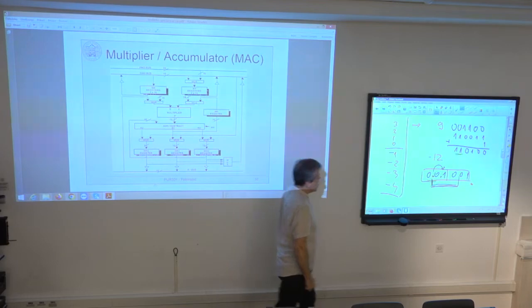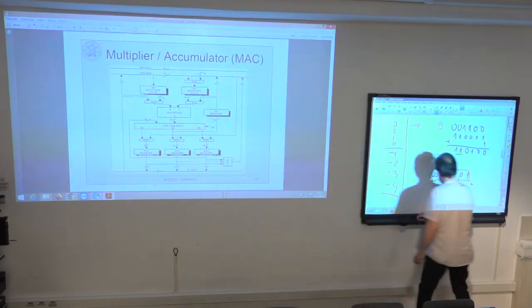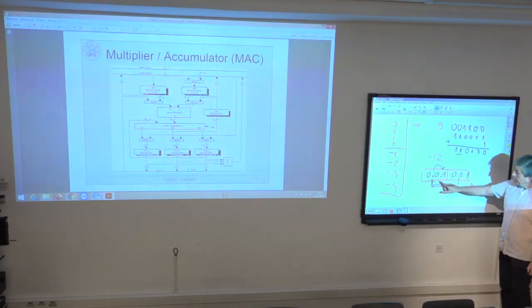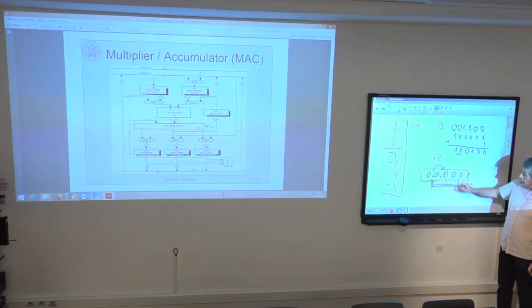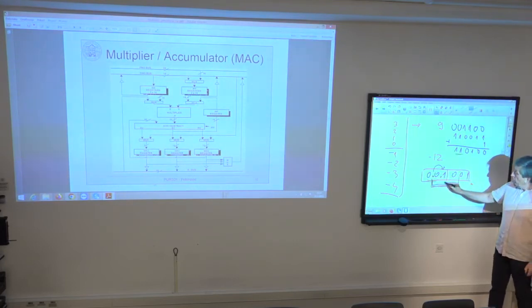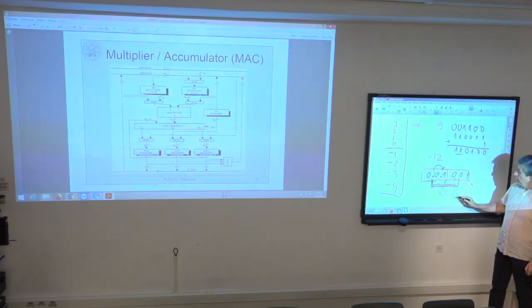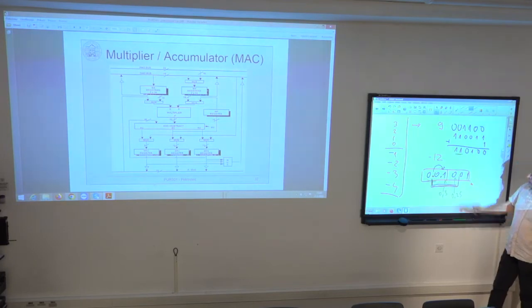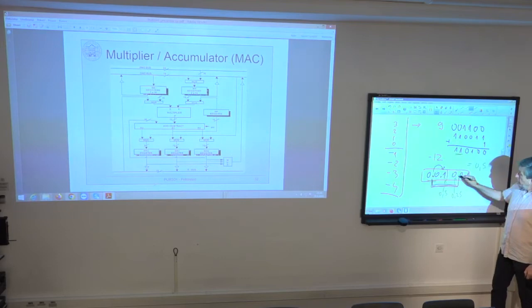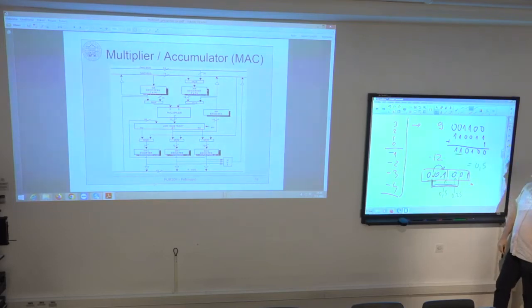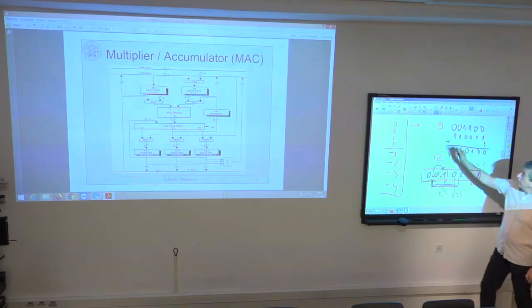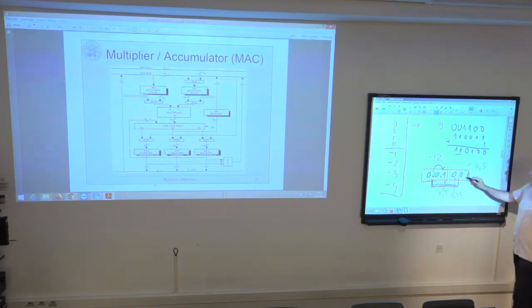So how is this value interpreted? This value here is written as 0, 1, 0. So this one has the weight of 0.5. This one has the weight of 0.25. So actually, the value that I get is 1/2 of what is written here. And is it correct? No, because the actual value, I ignore this one here.